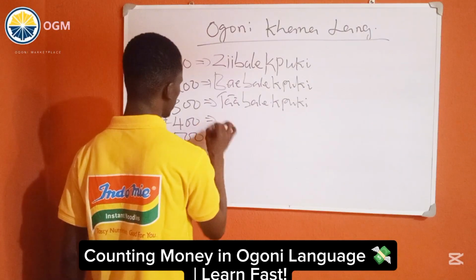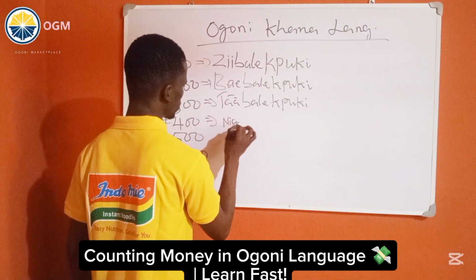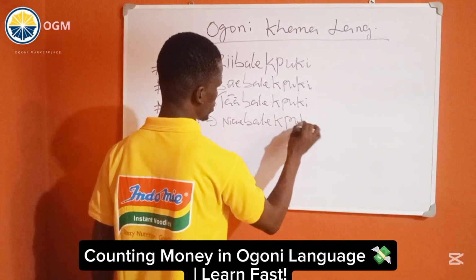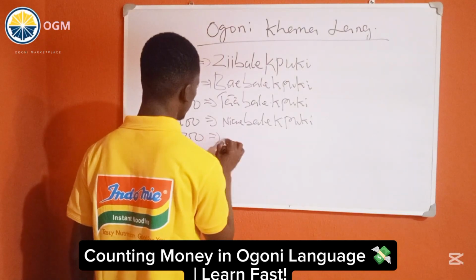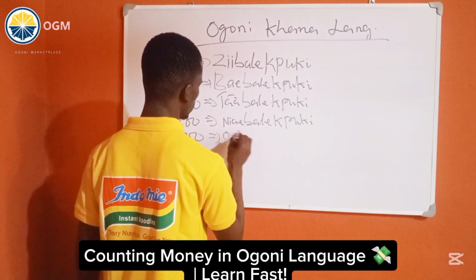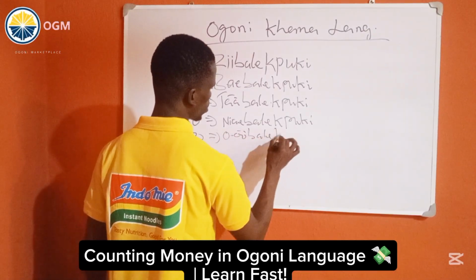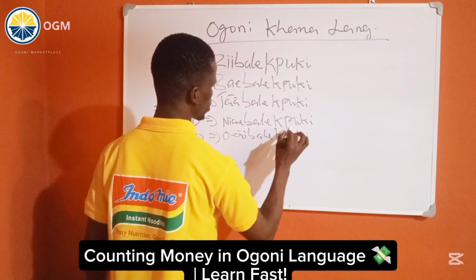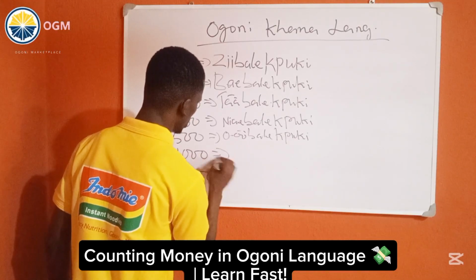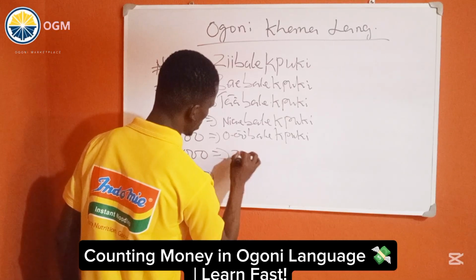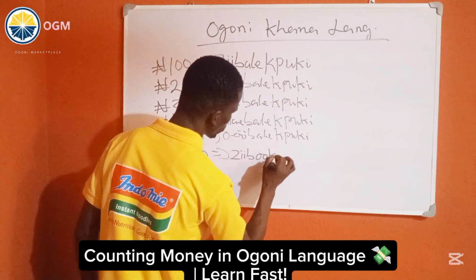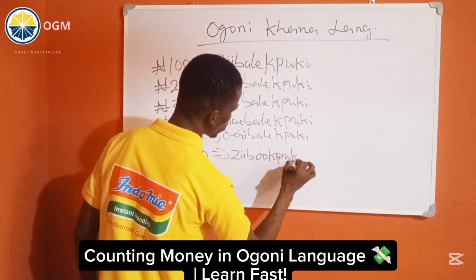Here we have nia bele boogie. Here we have oo, which is 500, oo bele boogie. Here is called zin bo, zin bo boogie.